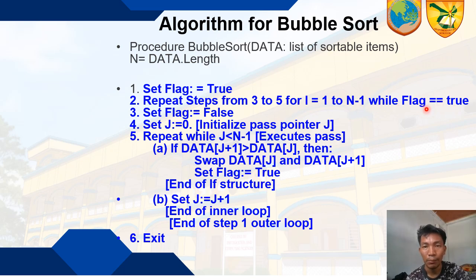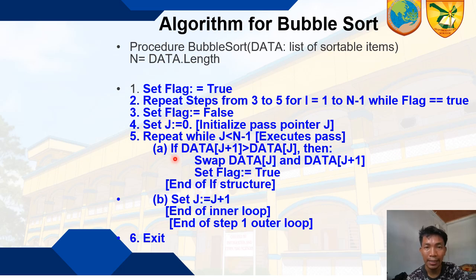This one demonstrates the for structure from our last program. And then after evaluating the for structure, we set flag into false. Within the for structure, we set j into 0, which initializes pass pointer j. And then we repeat while j is less than n minus 1, or executes pass.